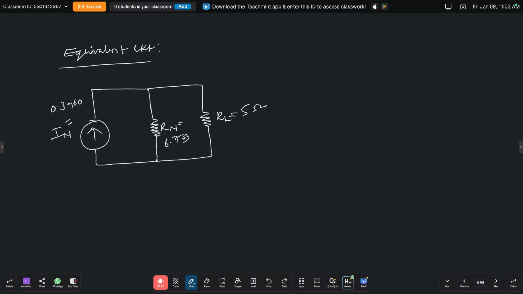After drawing the equivalent circuit, we find the load current IL. Here also there is one formula. In Thevenin's theorem, the formula to find the load current is IL is equal to V Thevenin by R Thevenin plus RL.